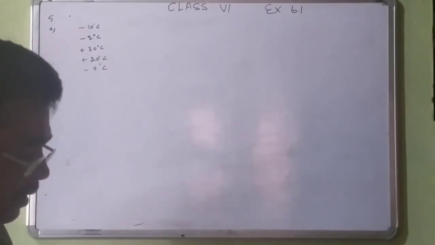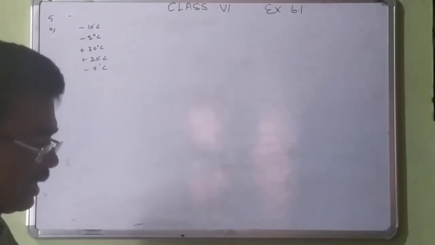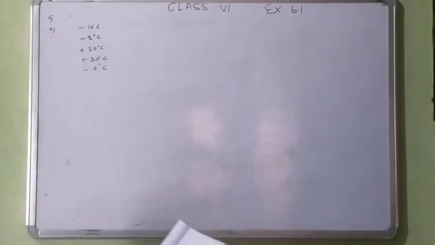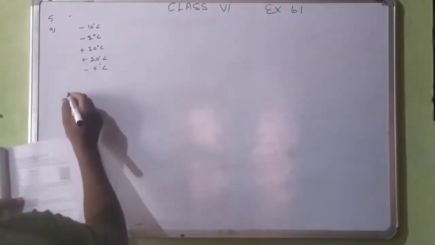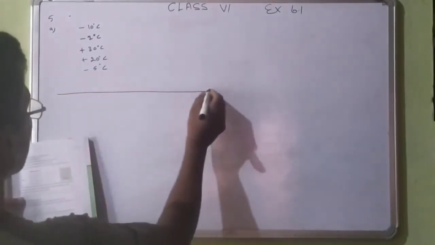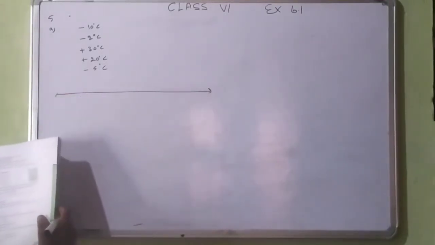Question B. Following the number line, represent the temperature in degree Celsius. Plot the name of the city against its temperature. So, Siachen, this is the line you can draw in your notebook, and these numbers you can also write.